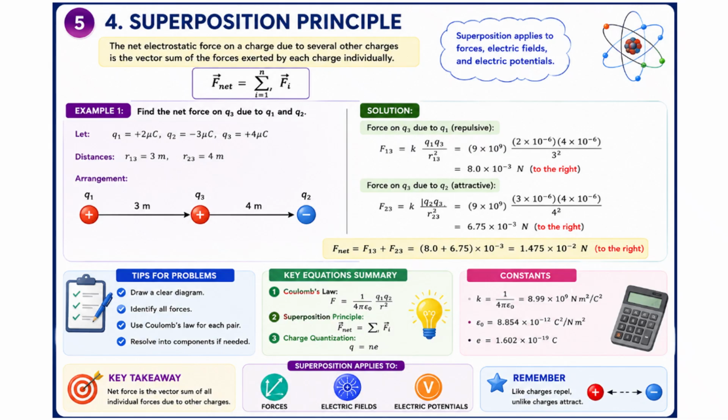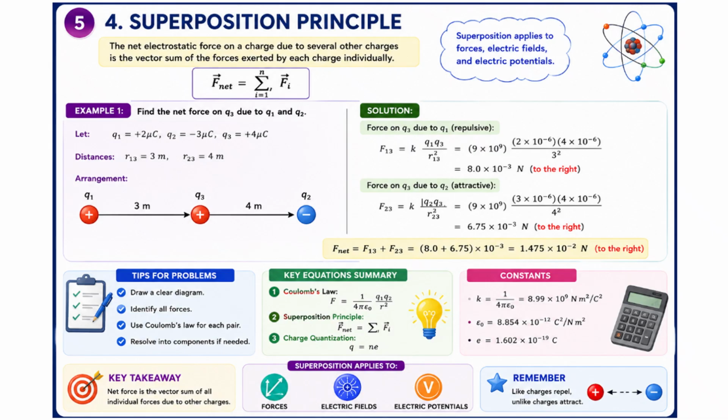From the solution, you have to apply the formula for force. The force on Q3 due to Q1 is repulsive. We have no issue with this because Q1 and Q3 repel each other.